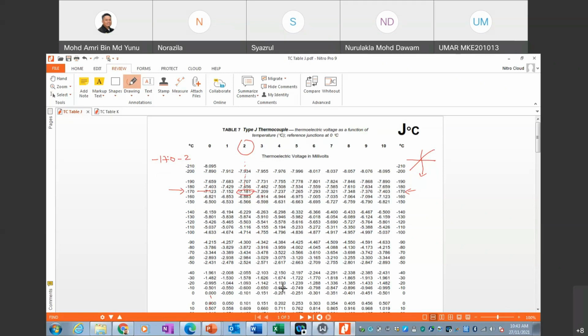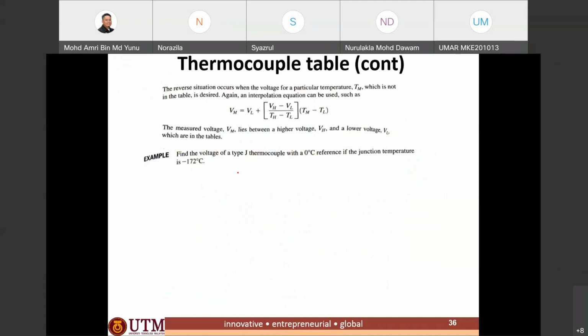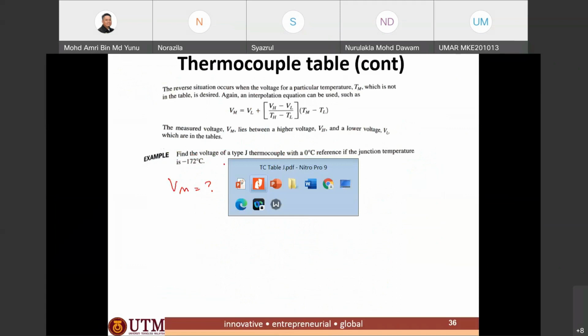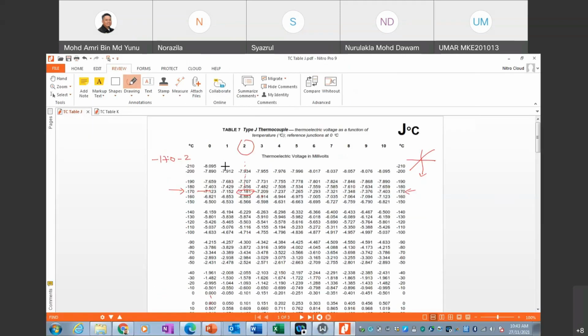This table, you look at this example saying that, assume that when the measured temperature is at negative 172, what is VM? Assuming that the exact output is not on the table, but my example or table example here gives the exact value here, negative 181.